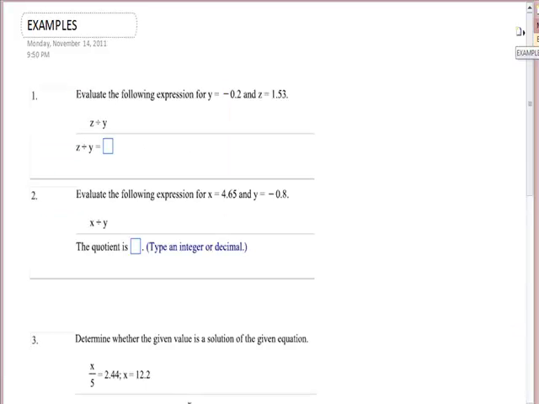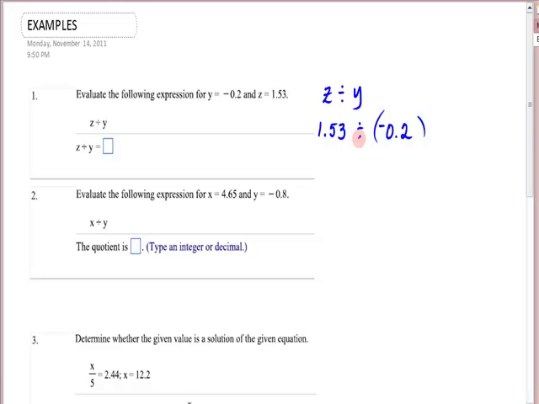All right, so number one says to evaluate this expression, and the expression is z divided by y. And the value of z is 1.53. And I'm supposed to divide it by the value of y, which is negative 0.2. I would typically put that negative number in parentheses, but you really don't have to.